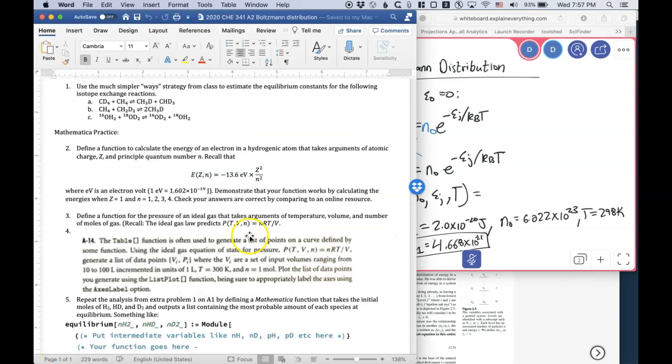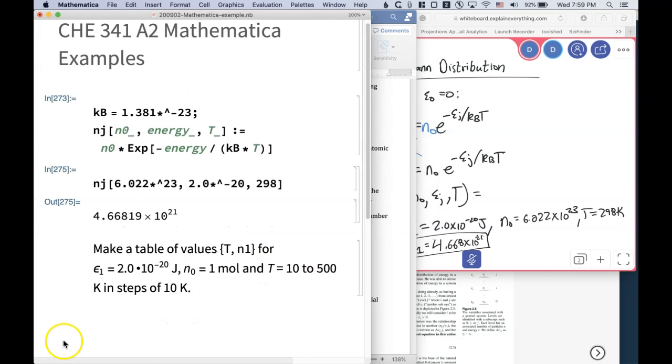Now let's do one like this table function. So here you are supposed to get these table points for volumes and then pressures from the ideal gas law. Let's do it for our example. So to do something similar, we'll make a table of values showing the temperature and the population in N1 for that same energy, 2.0 times 10 to the minus 20 joules, in steps from 10 Kelvin to 500 Kelvin with steps of 10 Kelvin.